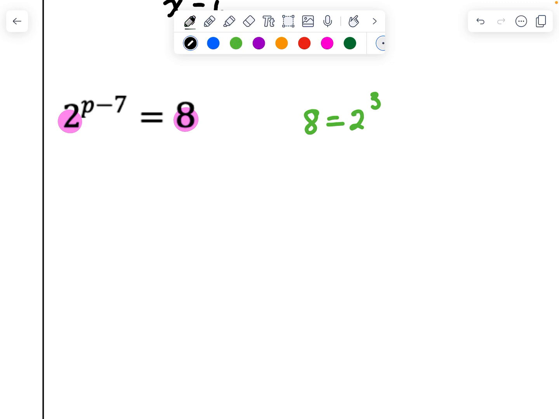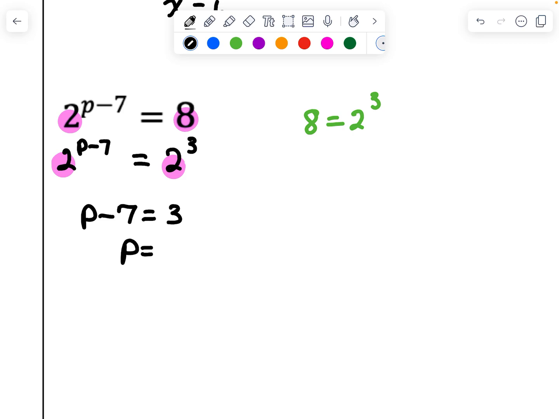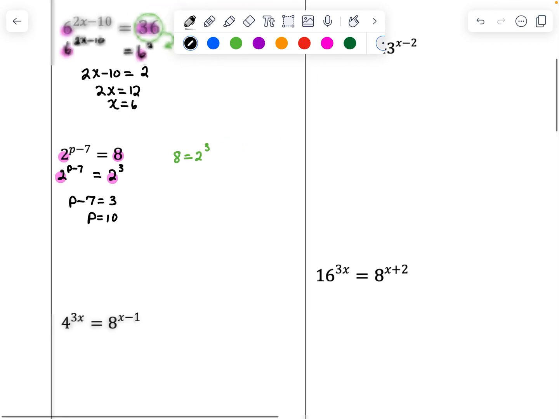So I'm going to change this equation so it looks like this. And now that the bases are the same, they'll cancel each other out. We'll have p minus 7 equals 3. So p equals 10.